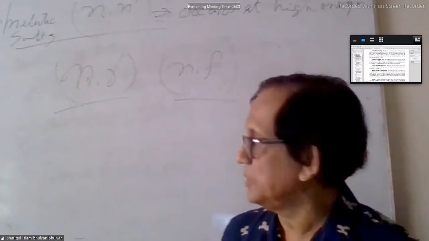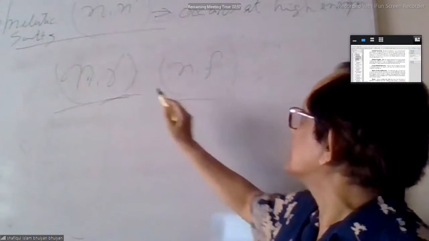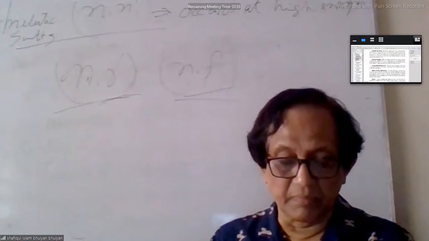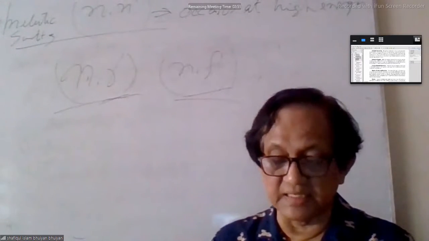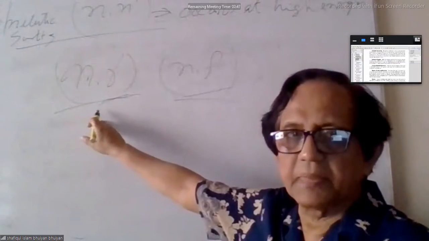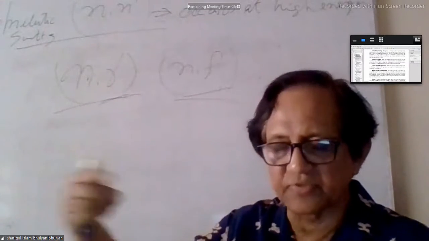So we'll talk on this N gamma reaction. Remember this N gamma reaction and N fission reaction. These are very important. Radiative capture is where the neutron comes and gives out gamma radiation.